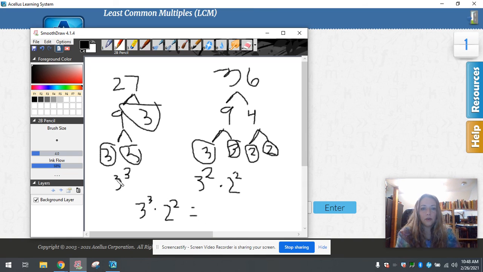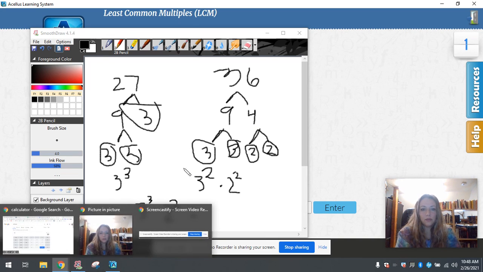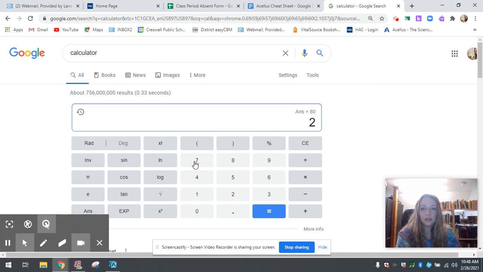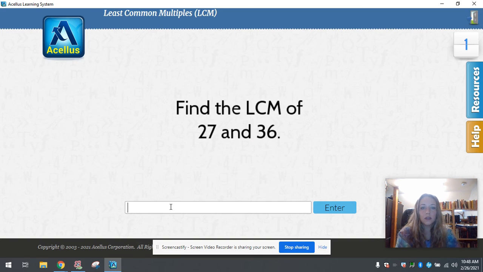Now 3 to the power of 3 is 27. 2 to the power of 2 would be 4. 27 times 4, I'll put that in my calculator, and I get 108. That's the least common multiple.